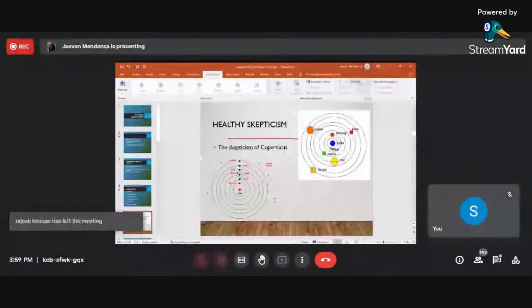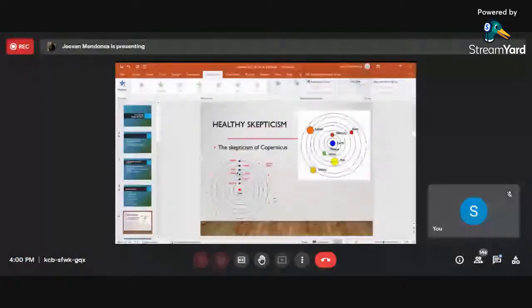Now, 1,500 years is a long time. We are not speaking of 100 years. We are not speaking of 200. 1,500 years. This model was eventually developed and finalized by Ptolemy, and it remained for 1,500 years.